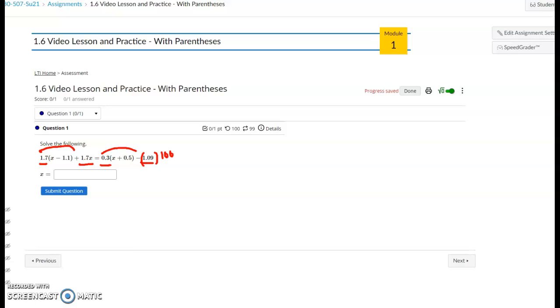In fact, let me clear all that out first so it's not so much. So we're going to multiply 100 here. We're going to multiply 100 just by that term because remember that 0.3 will get distributed in, so it'll take care of itself. So we don't want to do it multiple times.